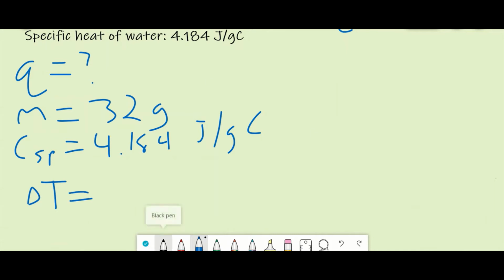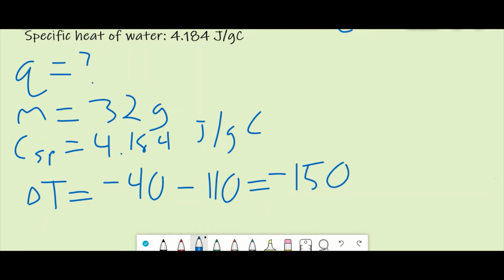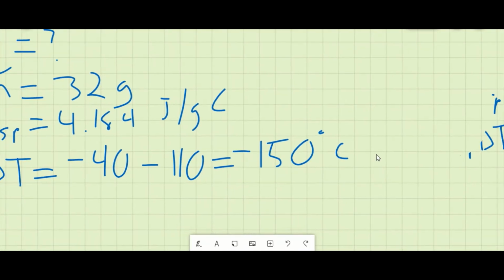So your final is negative 40, and you subtract your initial, which is 110, and negative 40 minus 110 is going to be negative 150 degrees Celsius. That's the change. So now let's add all this to the equation.